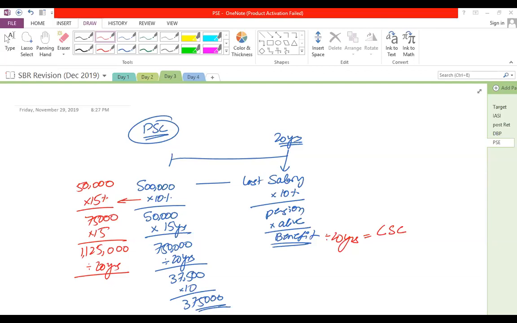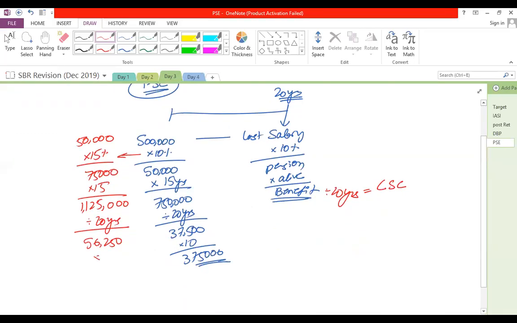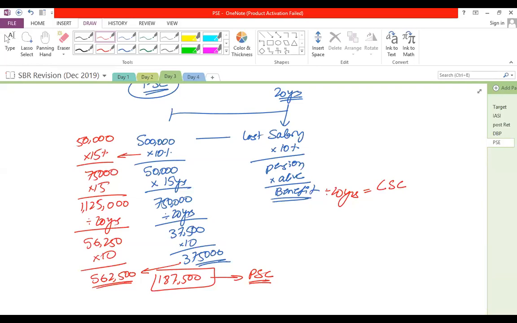So according to the new estimate, 1,125,000 divided by 20 years is 56,250. So 56,250 should ideally be the expense every year, and for 10 years this should be 562,500. So the change in plan has increased the liability by how much? By 187,500. This is what we call the past service cost, the change in liability because of the change in the pension entitlement.